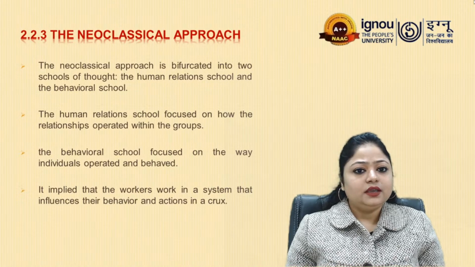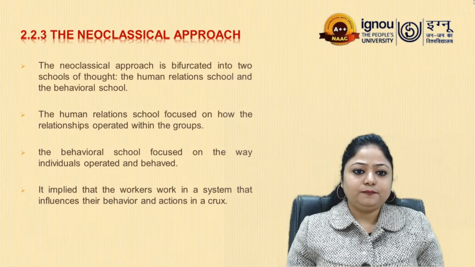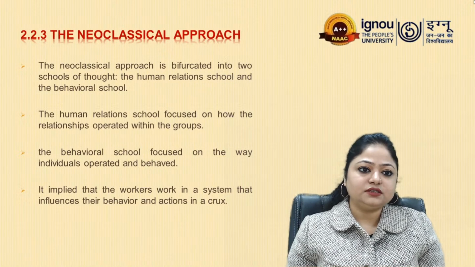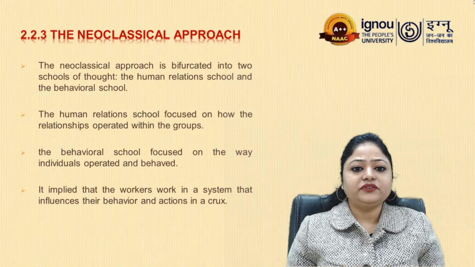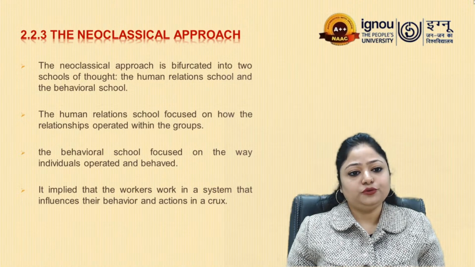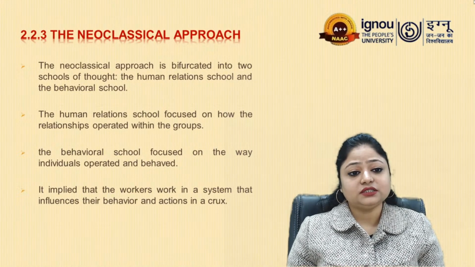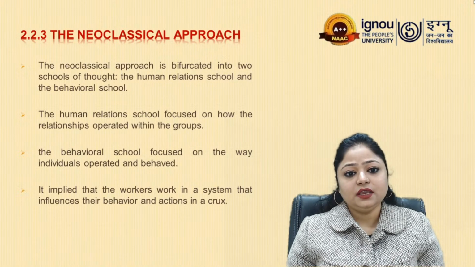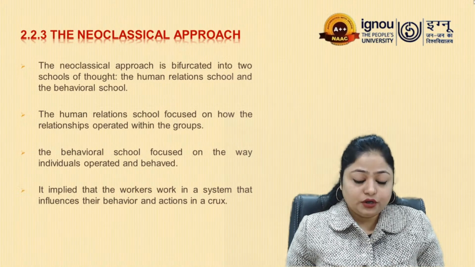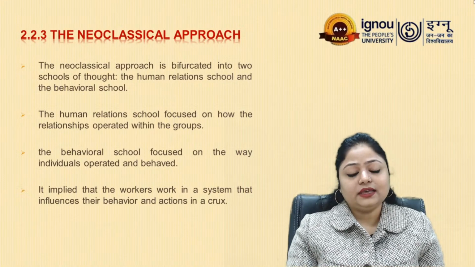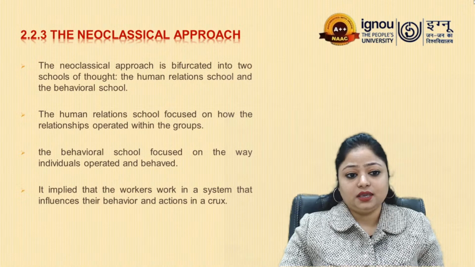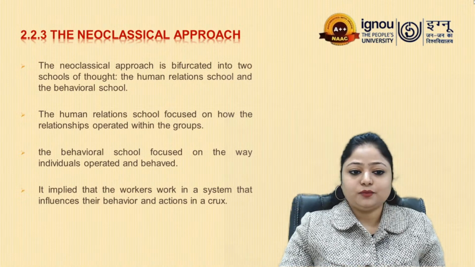The various features of this approach are that it is bifurcated into two schools of thought: human relation school and behavioral school. Human relation school focused on how the relationship operated between the groups and why it is important to realize the importance of the entire group and their relation and their networking, their dependence upon each other.